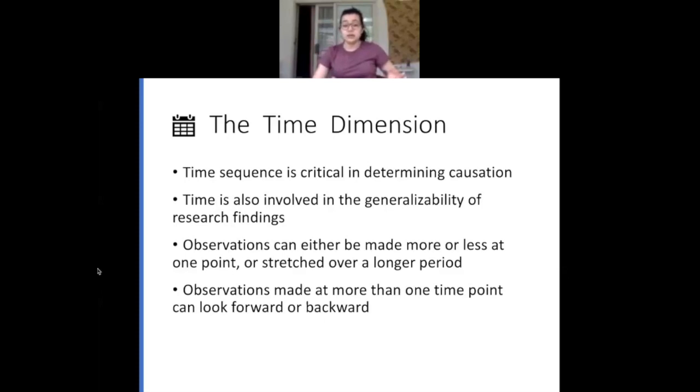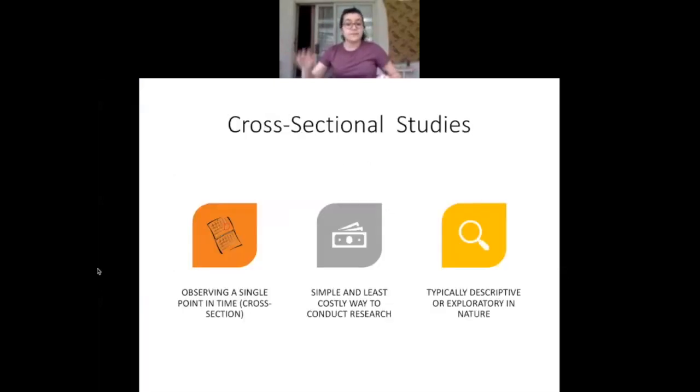And we can look forward or backward. Like I said, I can combine all UCR data from 1990 to 2020 and look backward in time. Most of the studies that we're doing are a snapshot of a particular time period.